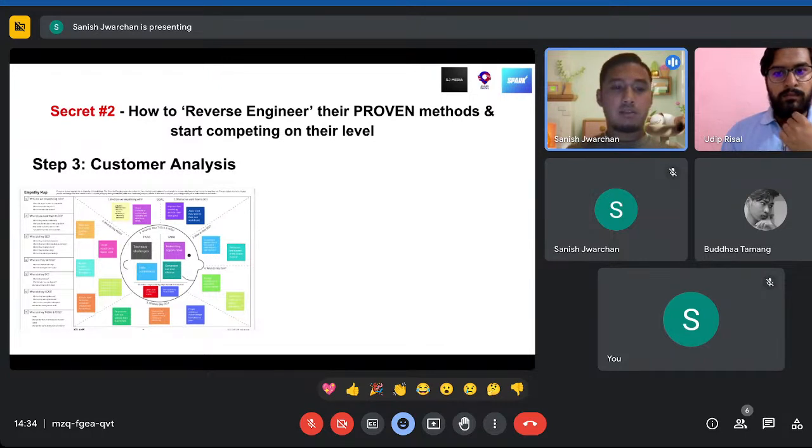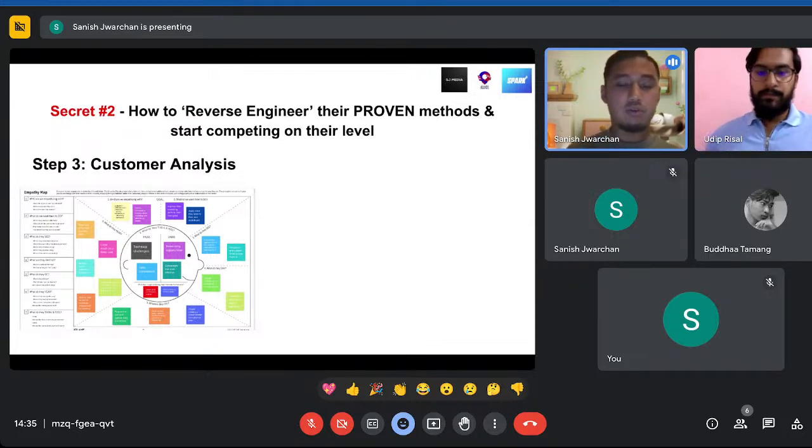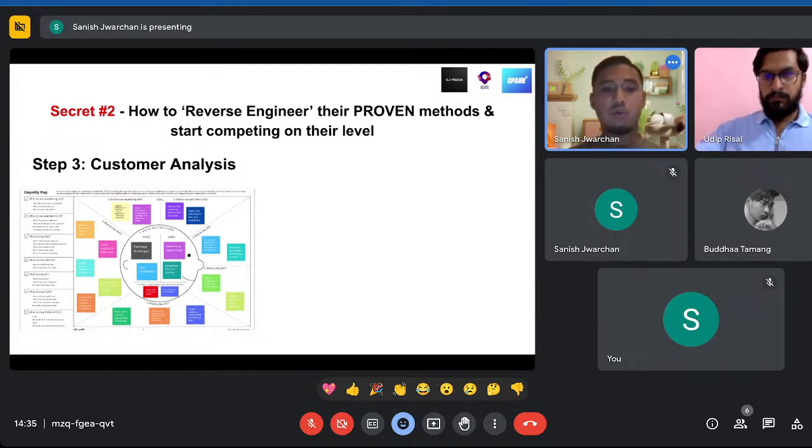It's a few questions: who are you empathizing with, what do you want them to do, what do they see, what are they saying, what do they do. So you're basically asking questions. When you do analysis, it's all about finding out pain points, what problems you can solve, what areas you can fix, what things you can solve in that situation.